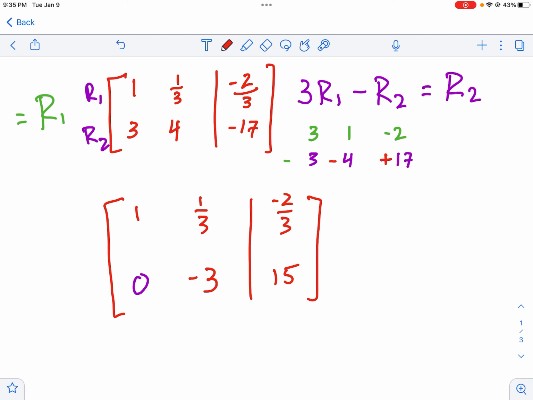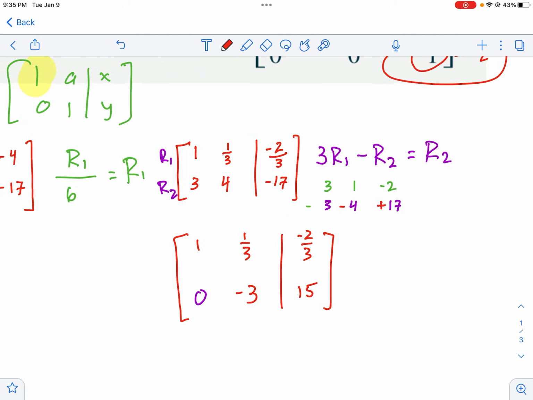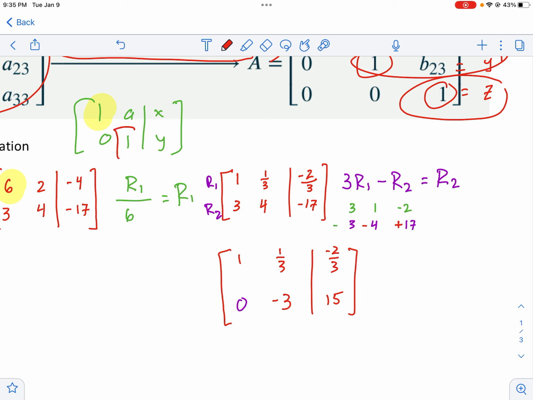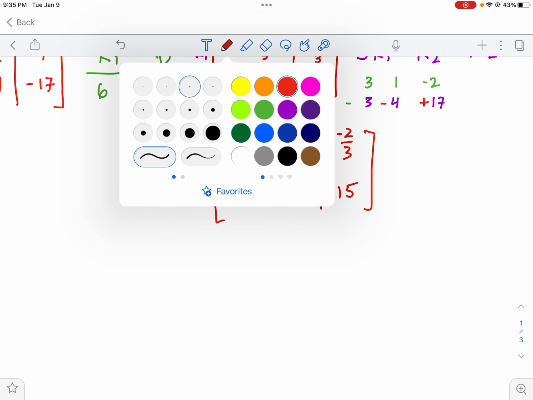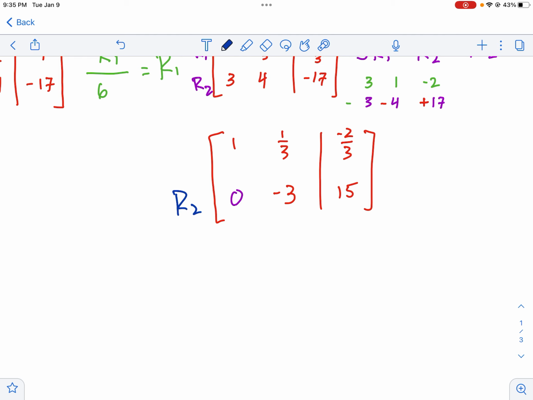Okay, so we are almost done. If I could turn this -3 into a 1, then I am done. And I can do that very easily. This is your R2. I can say R2 divided by -3, and I'm going to leave it in R2.